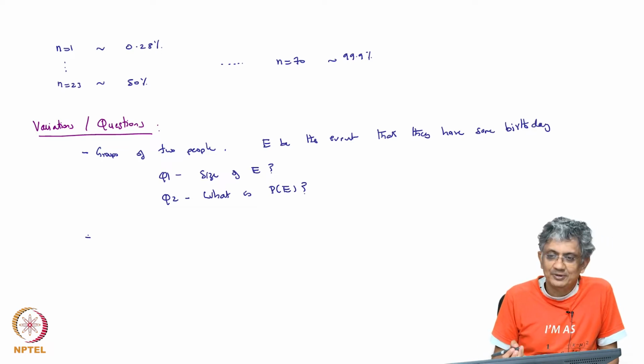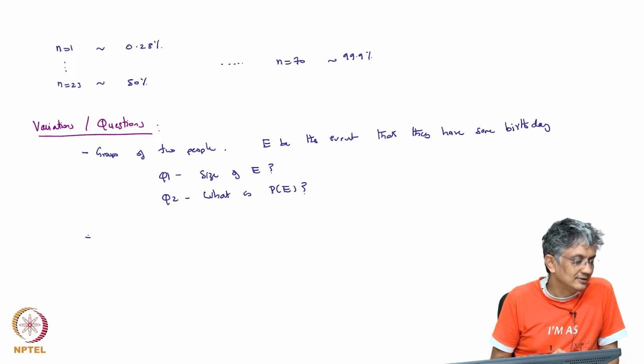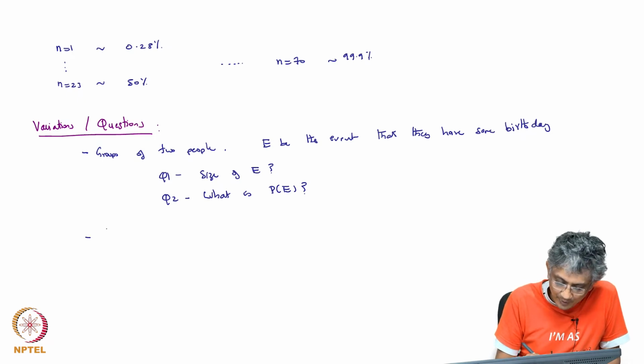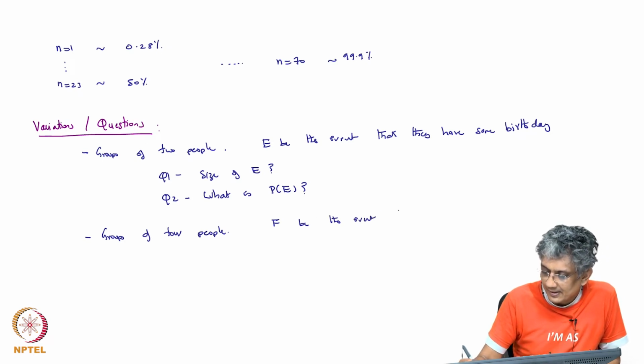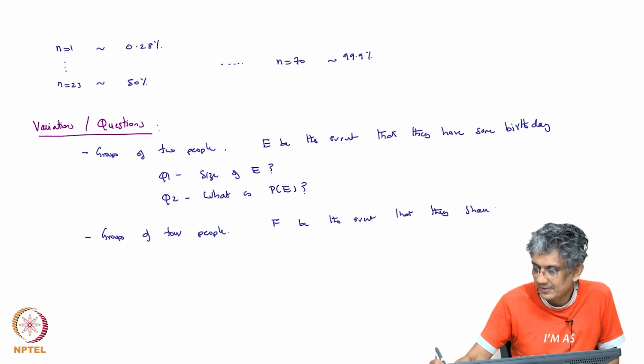Now, why do I stop with 3? I can take groups of 4 people and do the same thing. Let's say F is the event that they share the same birthday.